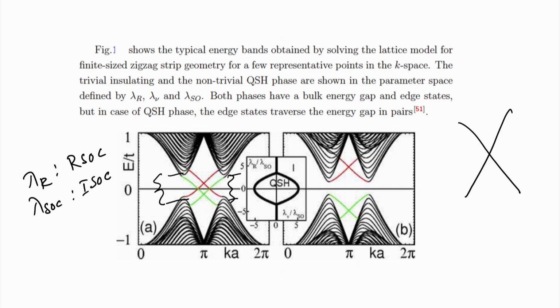And we see the quantum spin Hall effect, the QSH, only in this regime, and if you go beyond this, that is, if lambda R by lambda SO exceeds this value, that is, within the kind of circular structure that you are seeing here, you will have a band insulator or an ordinary insulator. So, this is a topological insulator and that is an ordinary insulator.